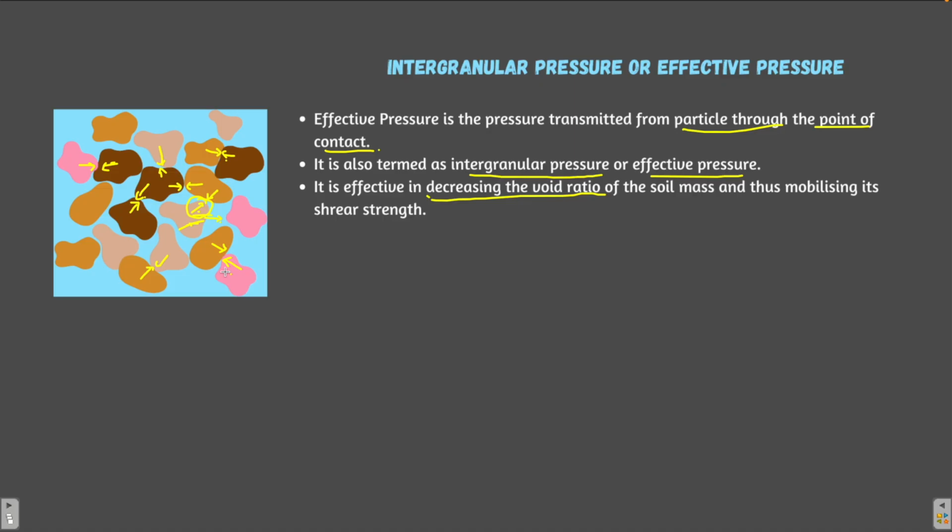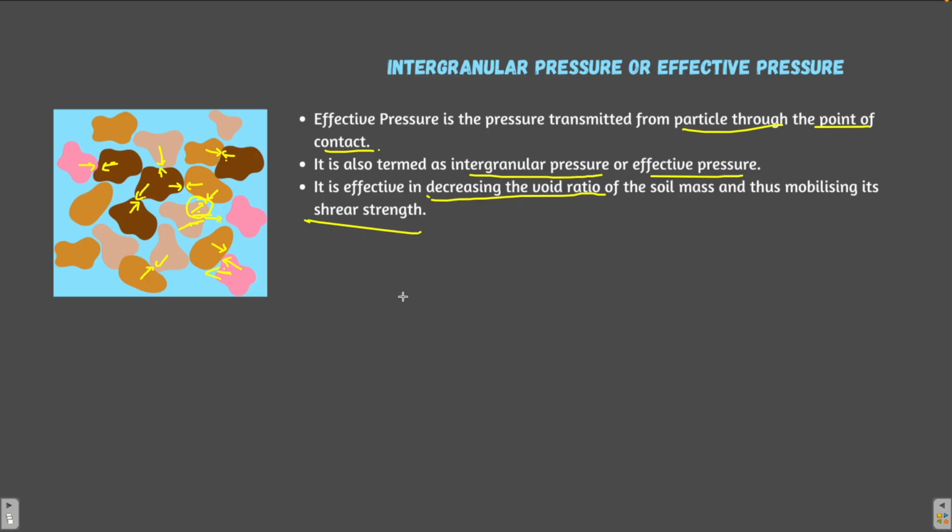Let's suppose this will try to move the particle to the left side. The particles will get displaced, and due to that displacement, the void ratio gets decreased, and that is why it affects the void ratio. Since it is effective in decreasing the void ratio in the soil mass, and increases the shear strength of the soil, it is called effective pressure.